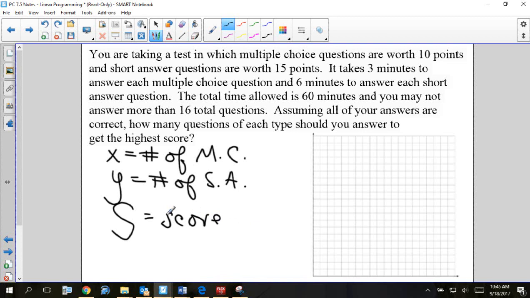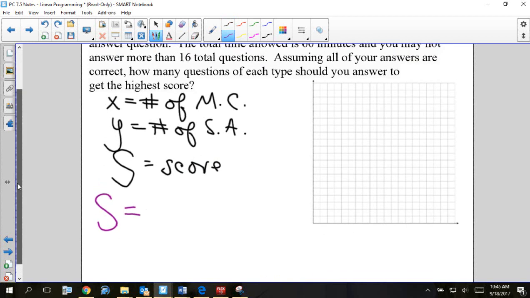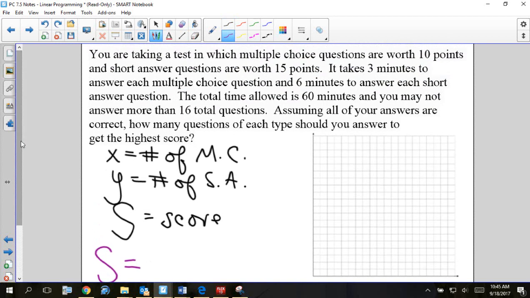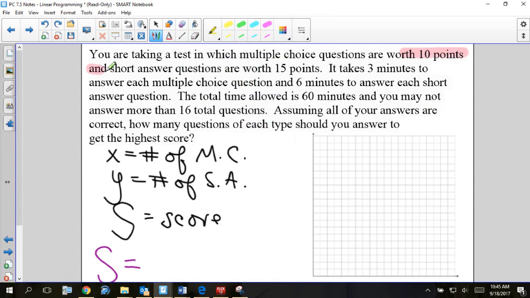And then our objective function, how do you get your score? In the equation up here, what talks about how you get your score? 3x. Nope, minutes doesn't give me a score.